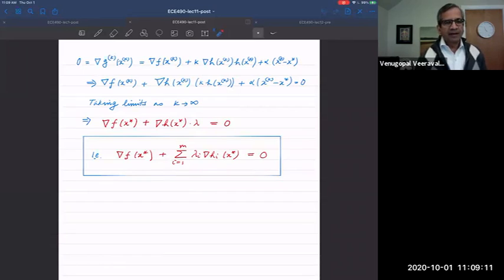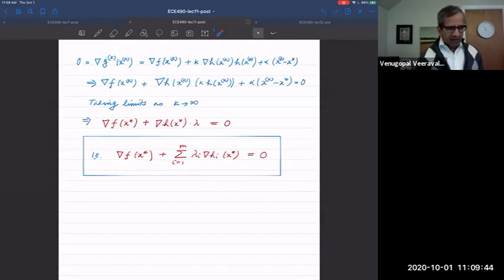Is that clear? Now we're going to develop on this result. The first thing we're going to do is establish second order necessary conditions, and then talk about a second order sufficient condition. Now that we made this connection between this constrained optimization problem and a sequence of unconstrained optimization problems, we can really borrow tools that we already developed for unconstrained optimization almost directly.